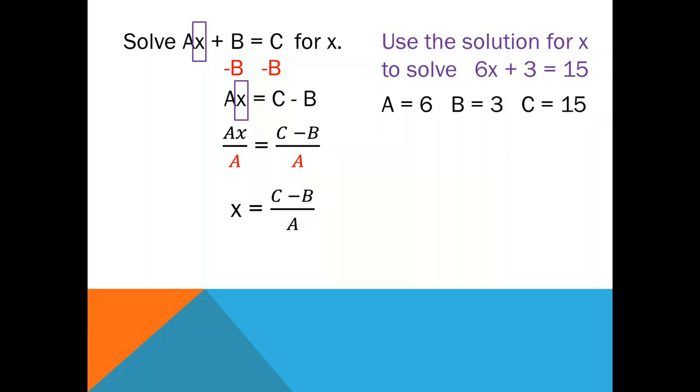A is the 6, b is the 3, c is the 15. Then you simply plug in your pieces. X is equivalent to the c minus b over a. So x is equivalent to 15 minus 3 all over 6. 15 minus 3 is 12 over 6, and 12 divided by 6 is 2.